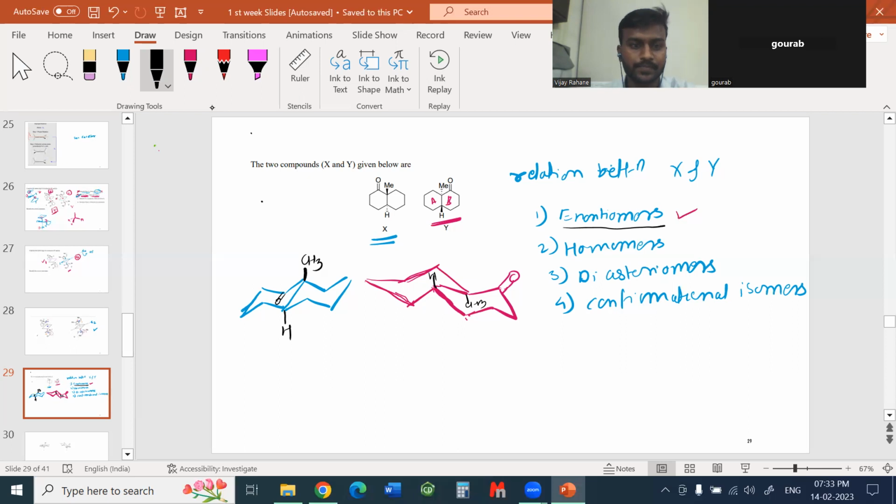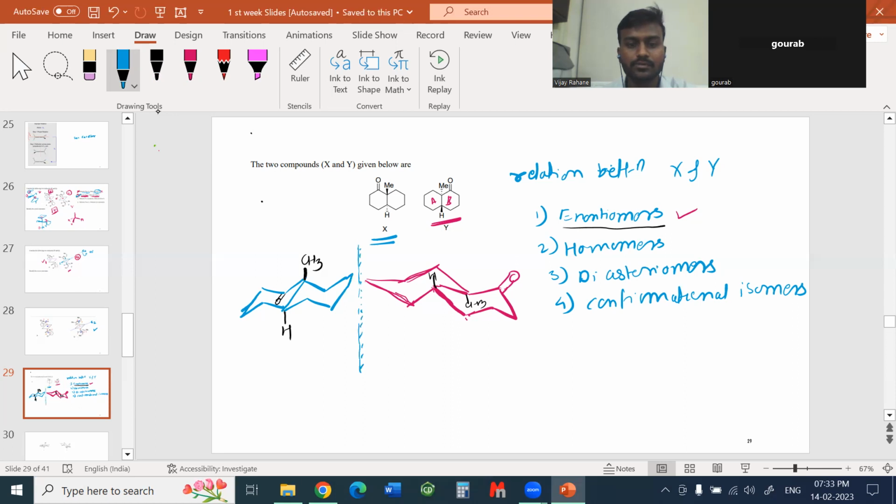Correct. If you consider a mirror here, are they really mirror images of each other?